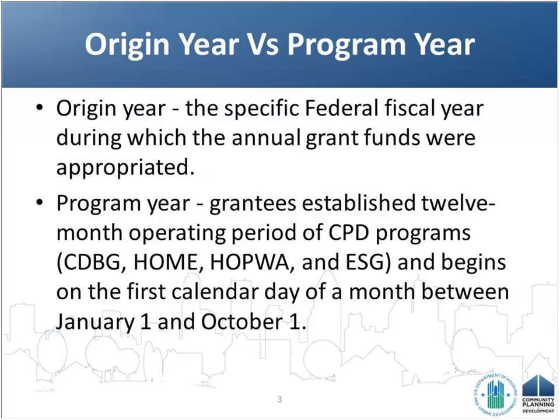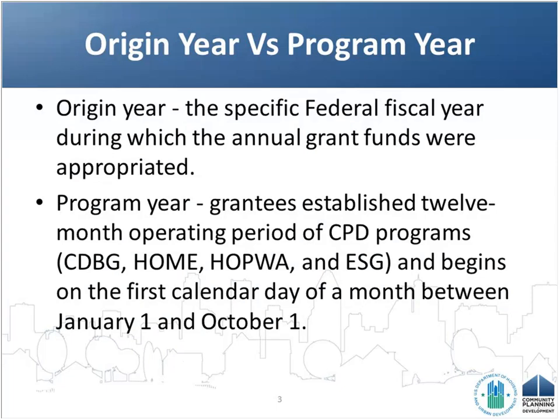That means the grantee established a 12-month operating period of CPD programs, including CDBG, HOME, HOPWA, and ESG. So all these CPD programs use the same program year, and it's established in the action plan and consolidated plan.